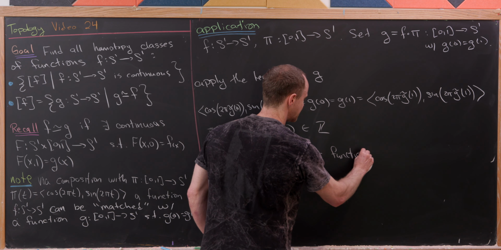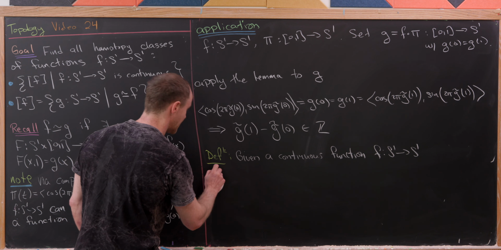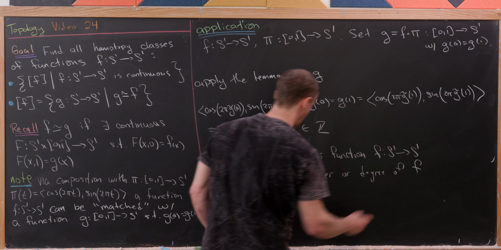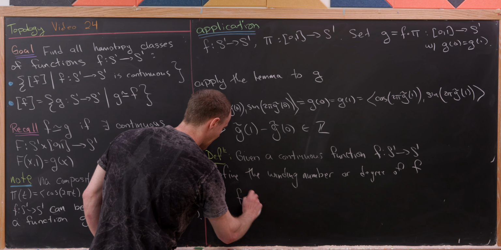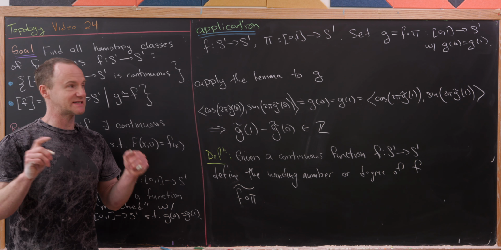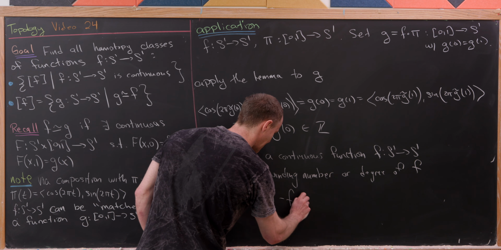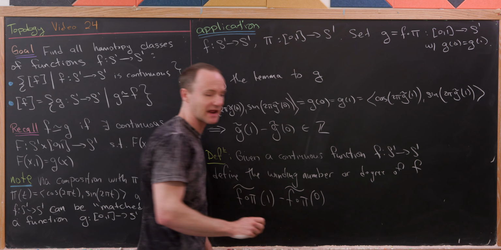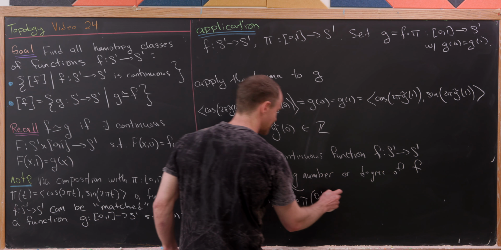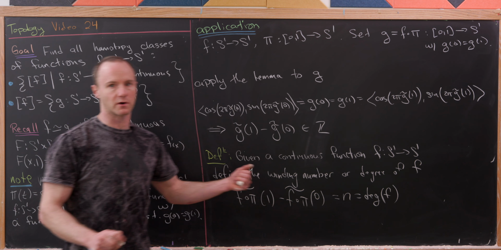So given a continuous function f from S1 to S1, let's define the winding number or degree of f by f composed with pi tilde, so we're composing it with pi, and then we're doing this tilde action that the lemma allowed us to do, evaluated at 1 minus f composed with pi tilde evaluated at 0. And so we'll call that, like I said, the degree of f. So I'll just set this equal to n, which is an integer, and then we'll use this notation degree of f for degree of f.